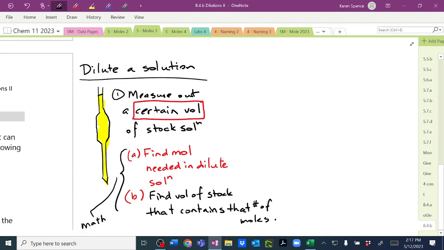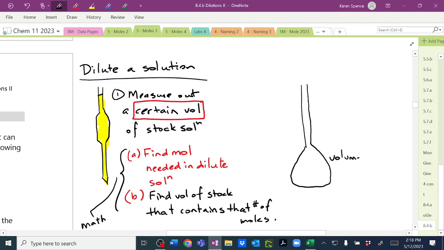We would then, what would we do with it? Where would we put that stock solution? We would put it into a volumetric flask. So you would take the stock solution and put it into a volumetric flask.